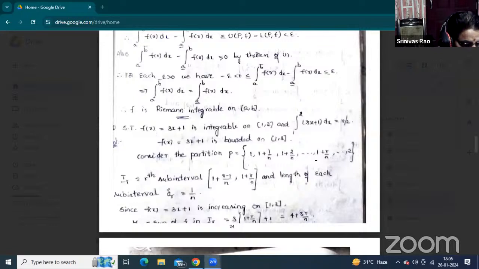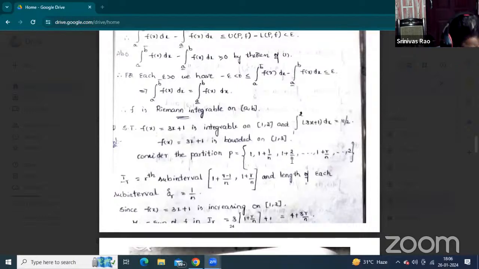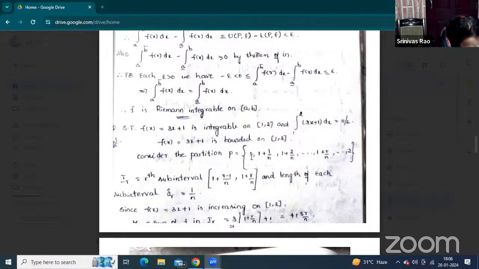What is the rth subinterval? According to 1 and 2, the lower value is 1, so the rth subinterval is 1 plus r minus 1 by n, comma, 1 plus r by n. First the lower value is 1, adding 1 by n: 1 plus 1 by n, comma, 1 plus 2 by n, and so on, 1 plus r minus 1 by n, and 1 plus r by n.